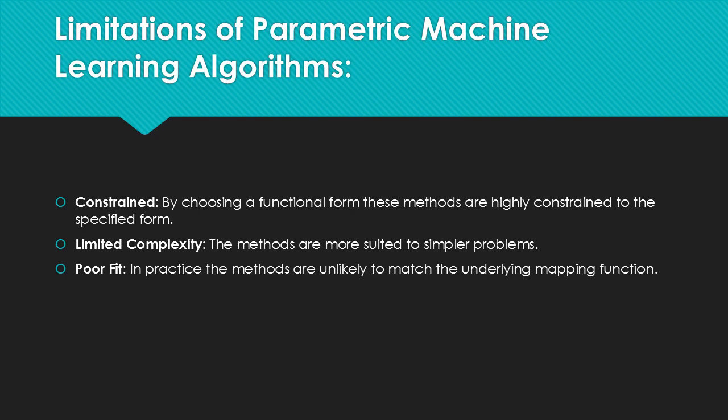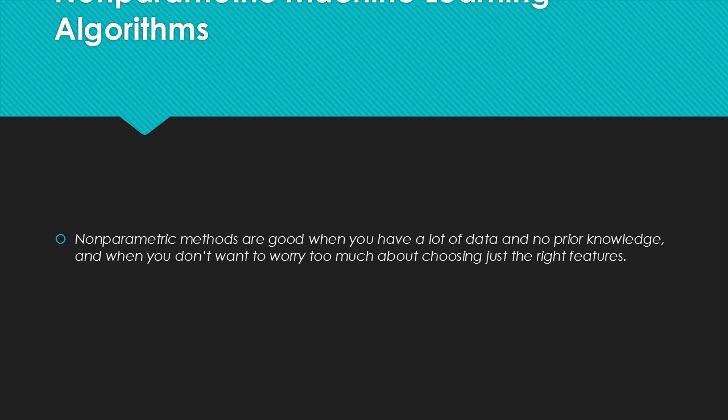It works well only if the problem is a simple problem. If the problem is complex, for sure we should not choose a parametric machine learning algorithm. The third disadvantage is poor fit. In practice, the methods are unlikely to match the underlying mapping function.